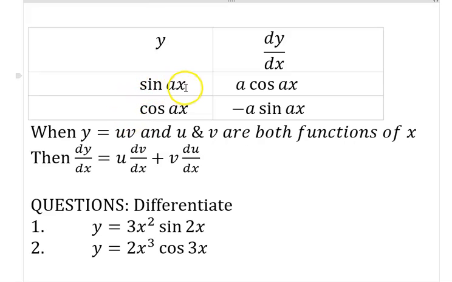Differentiating sine ax gives us a cos ax. As you can see, by implication, if we differentiate sine 2x, it will give us 2 cos 2x. That's the meaning.